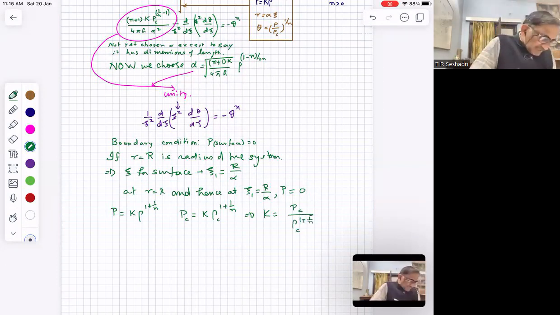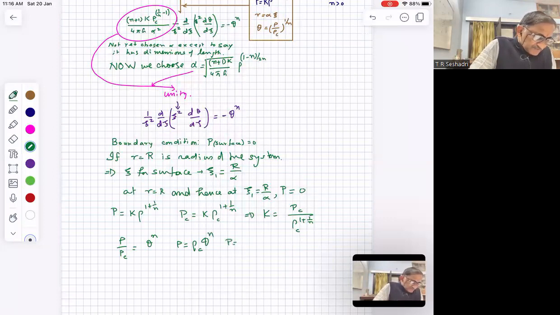And now rho by rho C, I have defined as theta power n. And so rho is equal to rho C theta power n.